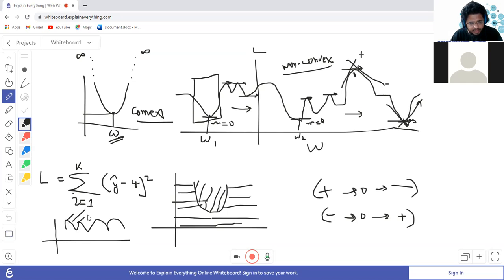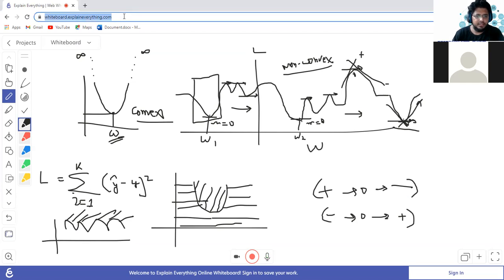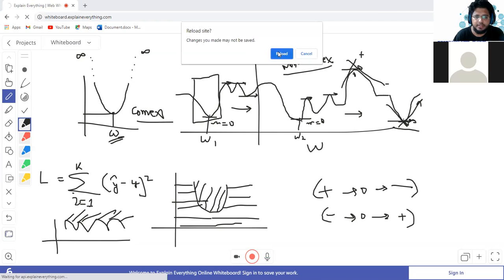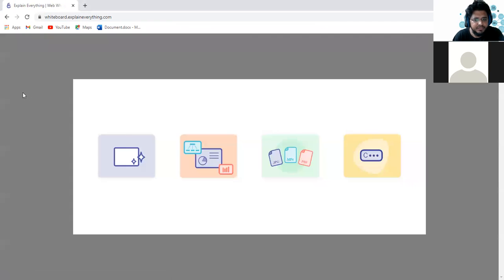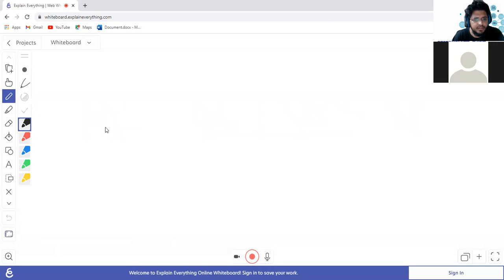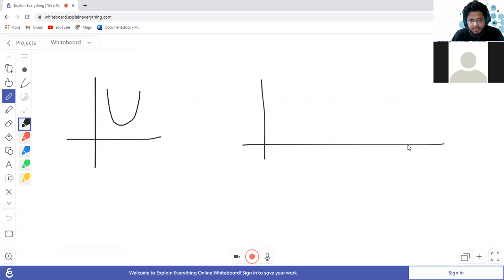Okay, let me clear this out. So this is a convex function. This is a non-convex function.